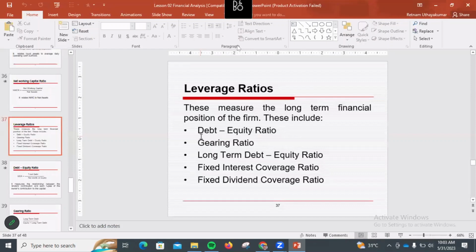For the fundamentals of corporate finance, this kind of financial analysis is limited. You must do the advanced type of analysis in the third year.